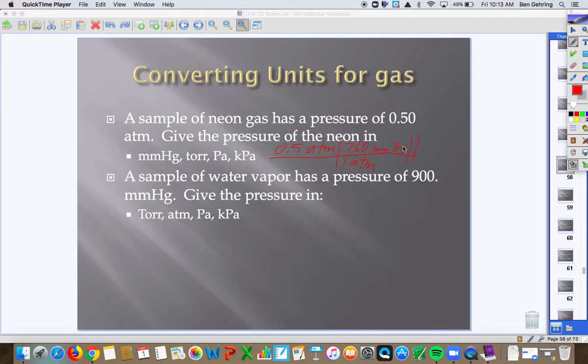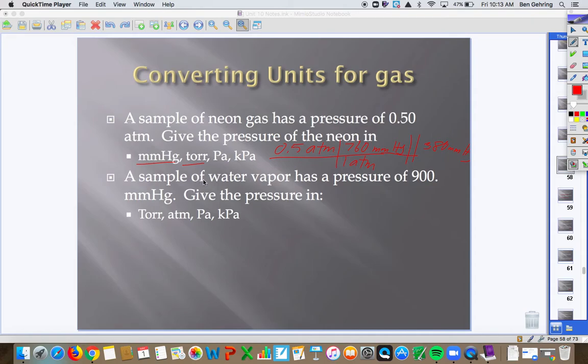If I take 0.5 times 760, I should get 380 millimeters of mercury. You can do the same thing. That'll be the same answer for torr because those are the same. You'll have to use pascals and kilopascals. So remember, pascals is 101,325. Kilopascals is 101.325. So just 1,000 places difference.